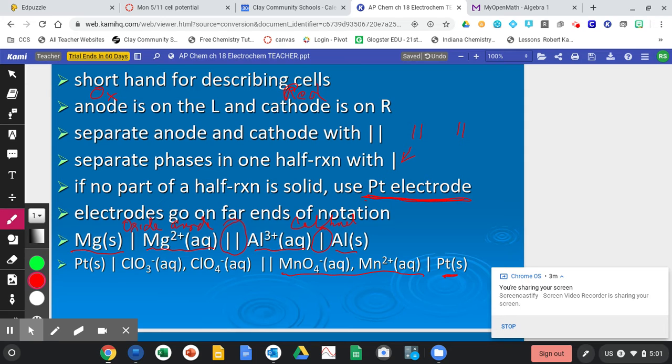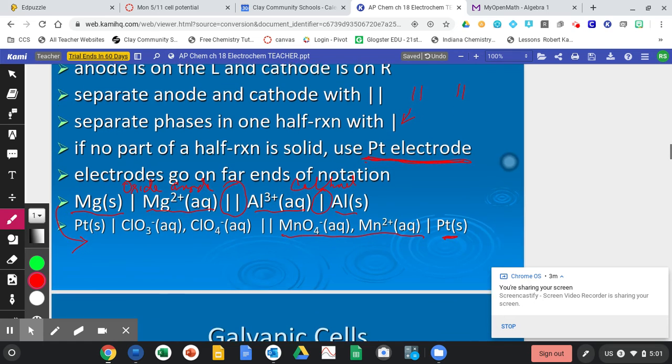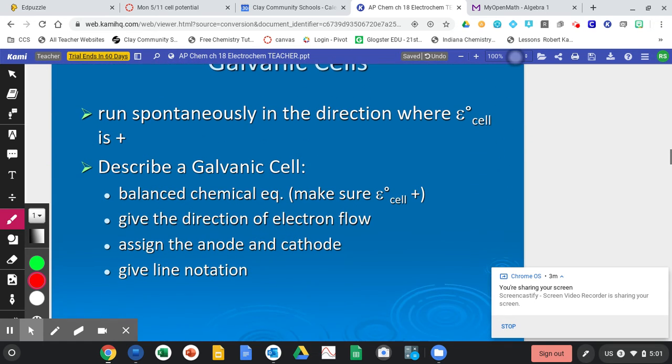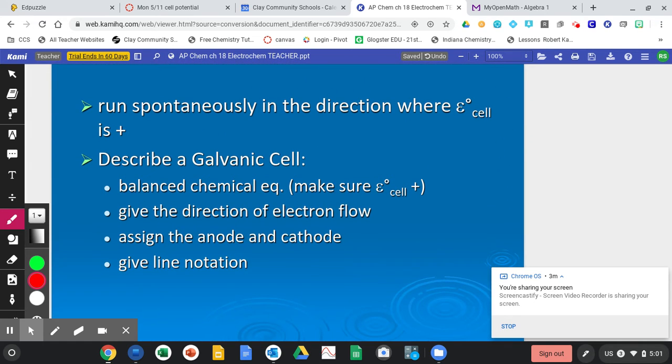So I said that, well, these don't even match. I'm not sure what's going on here. You run spontaneously in the direction that the standard cell potential is positive. So you reverse the one that gives you a positive value, and that's what we did in the last assignment, so you should be familiar enough with that.